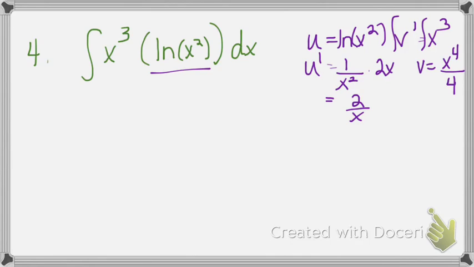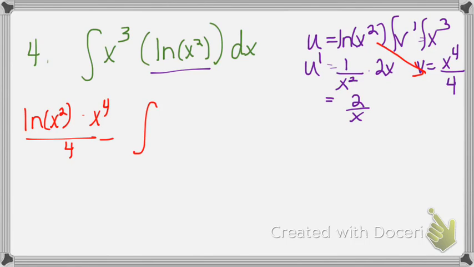Alright, now for my formula, uv minus the integral v u prime. So the x's, I'd make an x to the 3rd, 2 over 4 would be a half. If you want to put it on the outside just because it might make it easier, you can do that.